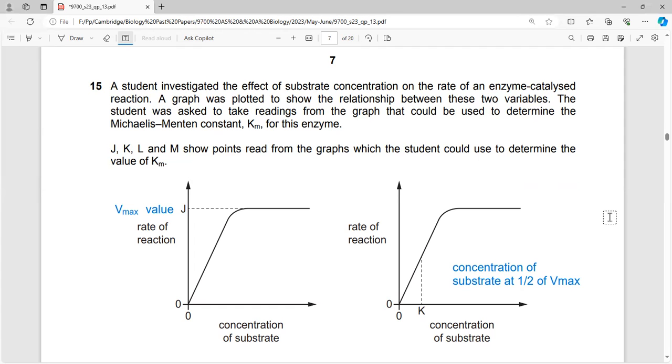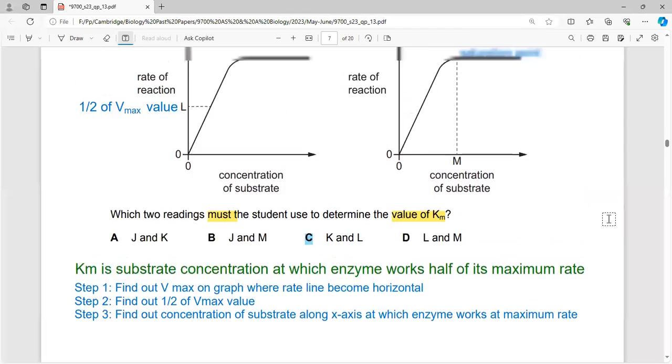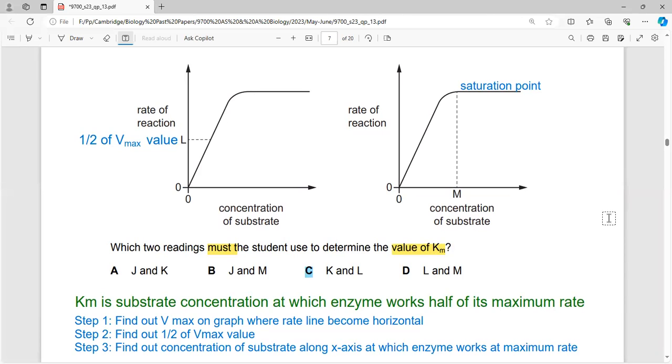So first we need to understand what the Michaelis-Menten constant is and how we can measure it. The Km value is the substrate concentration at which the enzyme works at half of its maximum rate.